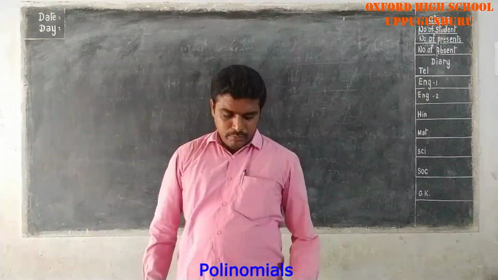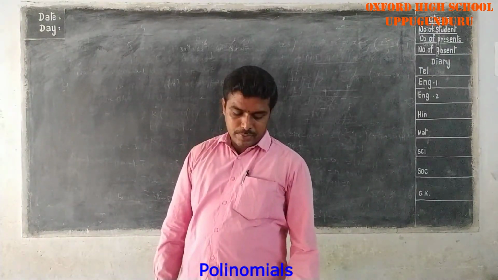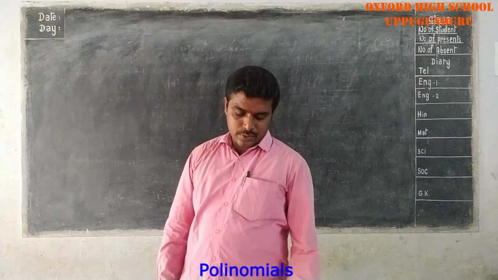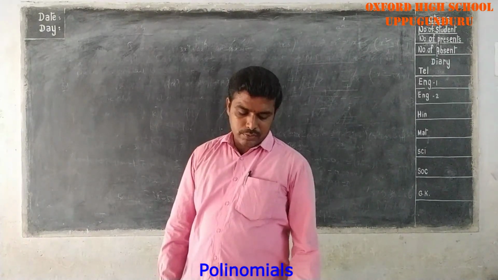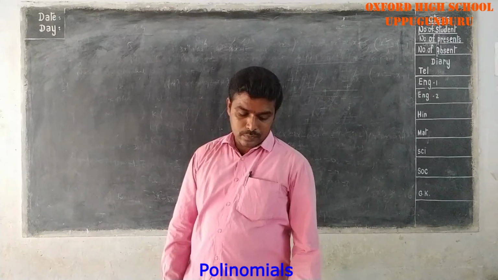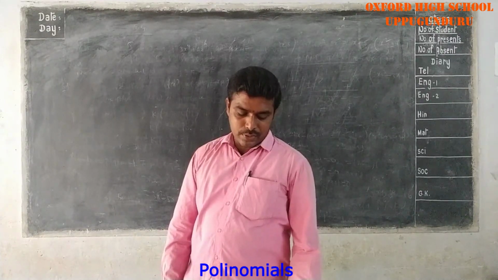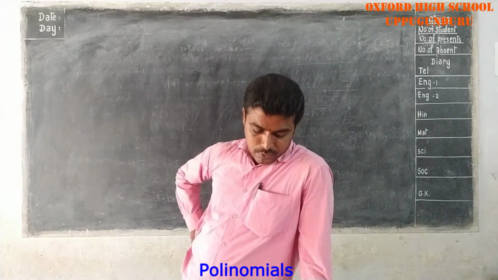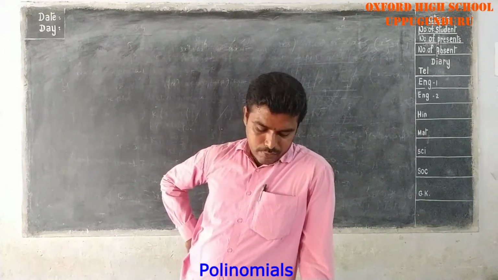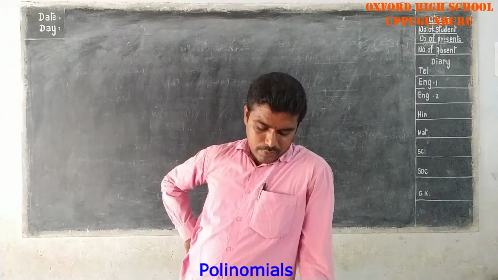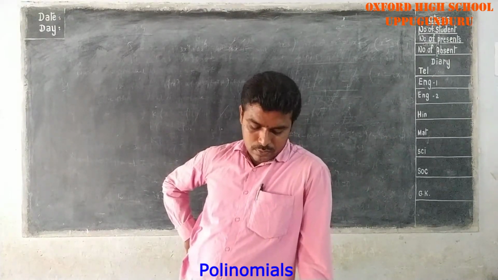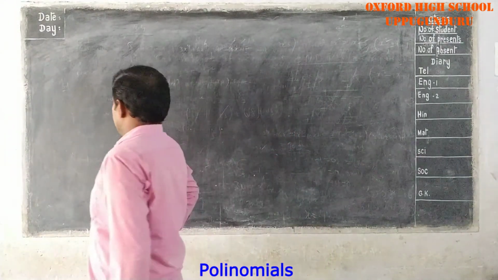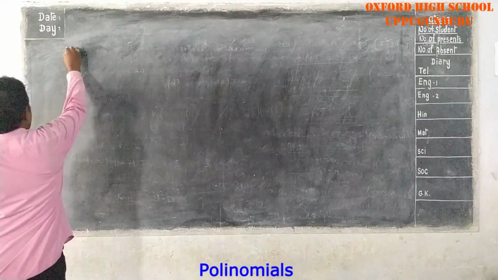Now fifth problem. Give examples of polynomials p of x, g of x, q of x and r of x which satisfy the division algorithm, and degree of p of x equal to degree of q of x, degree of g of x equal to degree of r of x, degree of r of x equal to 0. So what is the first condition we have?